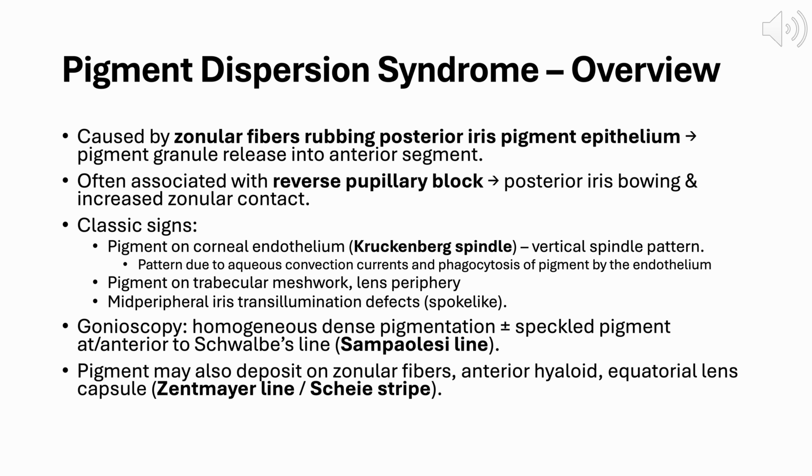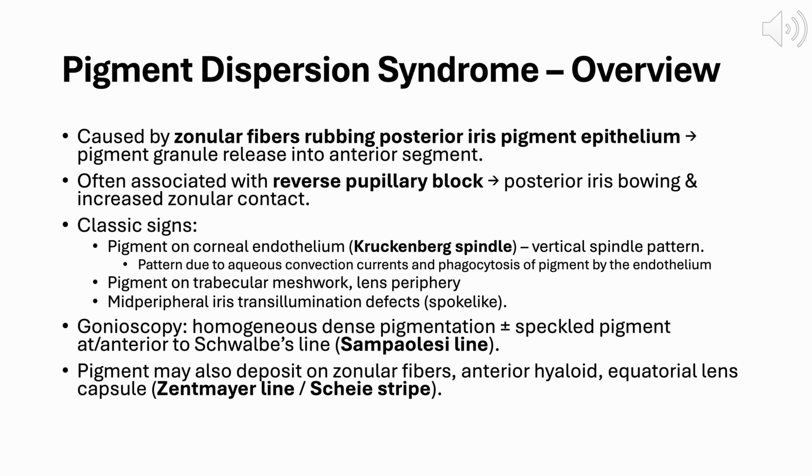Classic signs include pigment on the corneal endothelium, known as a Krukenberg spindle, which forms in a vertical spindle pattern due to aqueous convection currents and endothelial phagocytosis. Pigment can also accumulate on the trabecular meshwork and the lens periphery. The rubbing results in mid-peripheral iris transillumination defects that appear spoke-like.